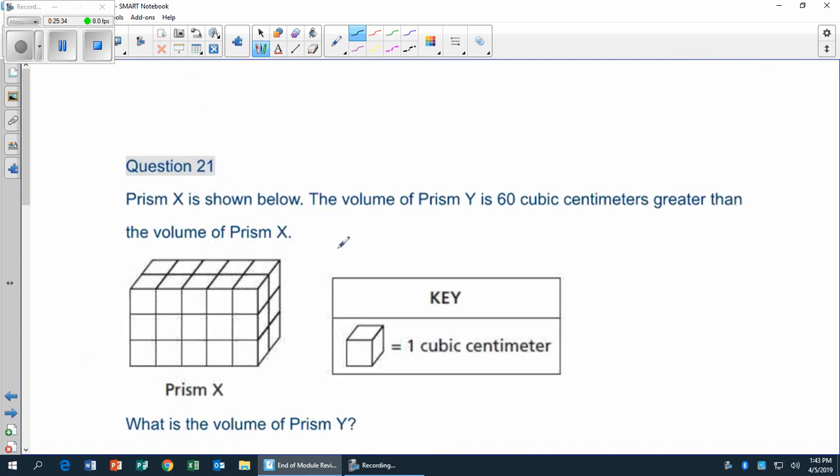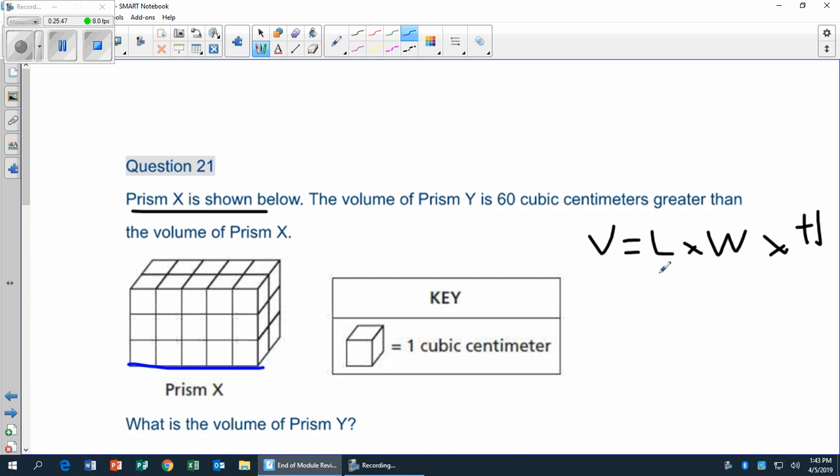Next, prism X is shown, so we're going to look at prism X and figure out its volume equals length times width times height. And we see in here that the length right here is 5, the width is 2, the height is 3. And now we're going to keep reading.